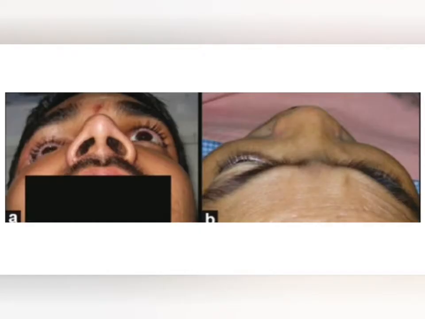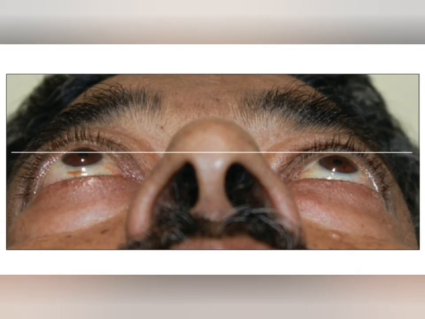You can also instruct the patient to look downward and measure the level of the eye. In a normal patient, the two eye levels should be equal. If one eye moves a little forward compared to the other, it is proptosis.